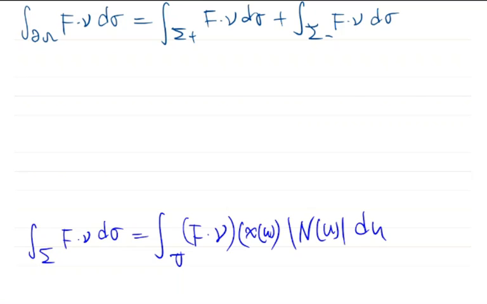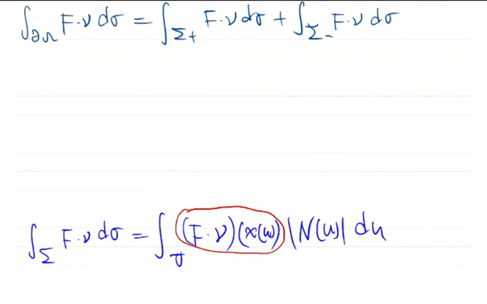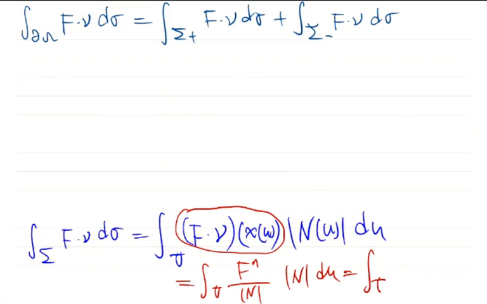But for F nu, by our previous study, this part is Fn divided by the norm of n. So here we will have Fn, the norm of n, and then this is also the norm of n du. Therefore, we only have Fn du.